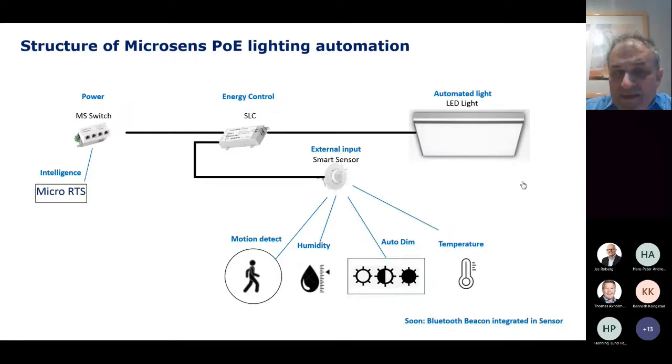This is the main idea behind it. To do this, we have developed our smart light controller, this SLC. This is a device which is fed via PoE with power and data.